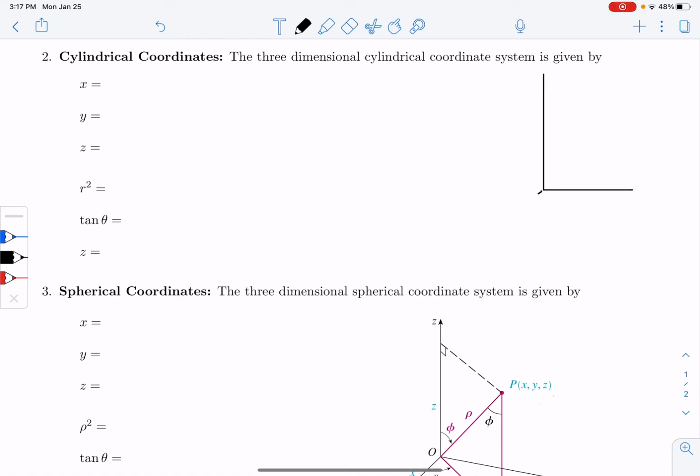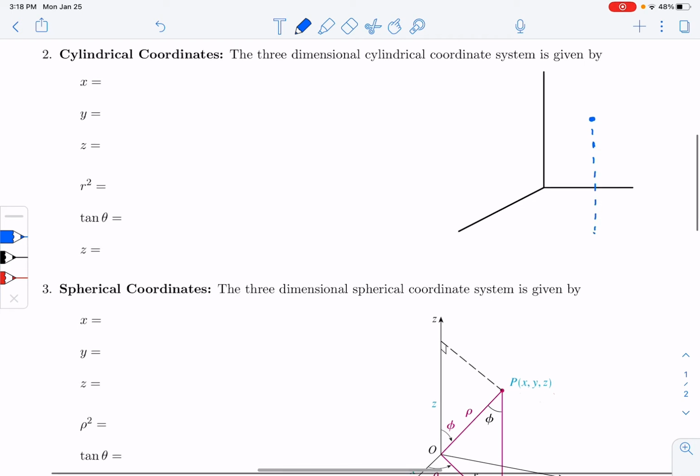And so the way that we're going to do that, if we want to specify a particular point in 3 dimensions, is that we are going to specify its height, the height of this point, we will call z. And so we will still use that vertical direction z to specify the height. But then in the xy plane, we will use polar coordinates to describe the x and y coordinates.